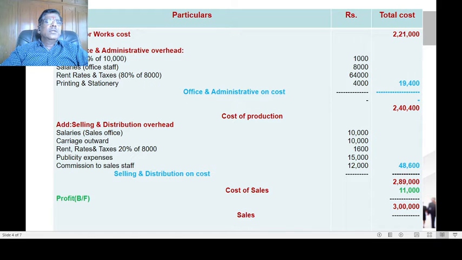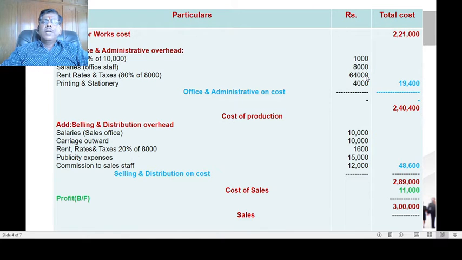Once again, add the office and administrative overhead. Power, 90% is apportioned in the factory or works overhead, and the remaining 10% is apportioned here, that is 1,000. Then salaries, office staff, that is 8,000. Then rent, rates and taxes, it is 80% of 8,000, since the remaining 20% is selling and distribution related; only 80% is apportioned to the office and administrative overhead. 80% of 8,000, you will get 6,400.